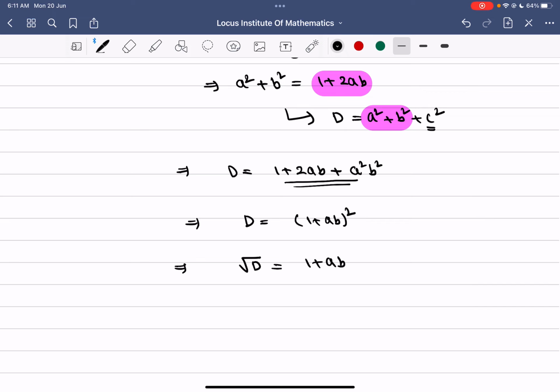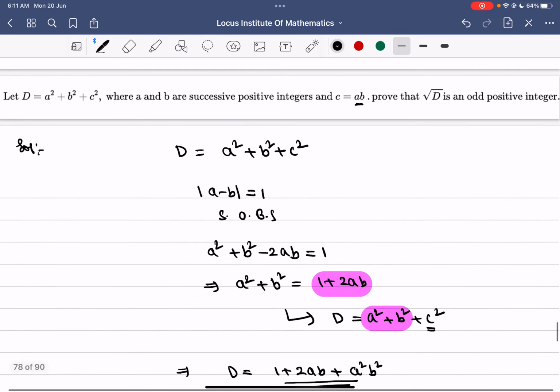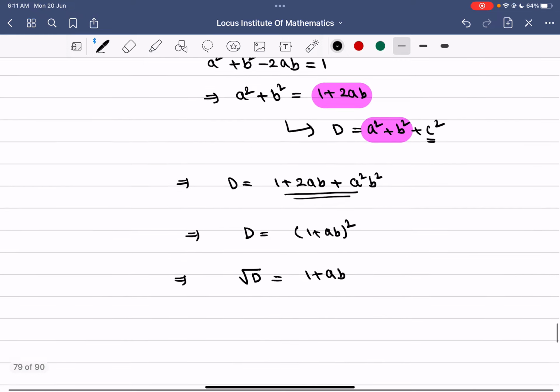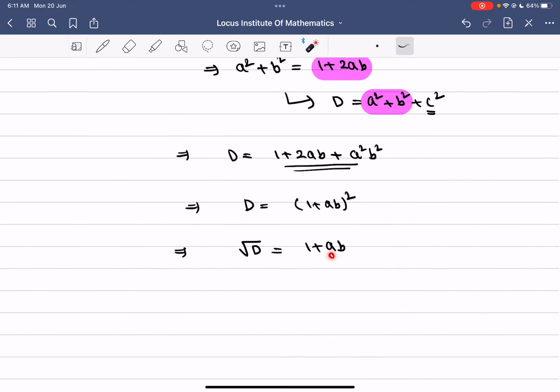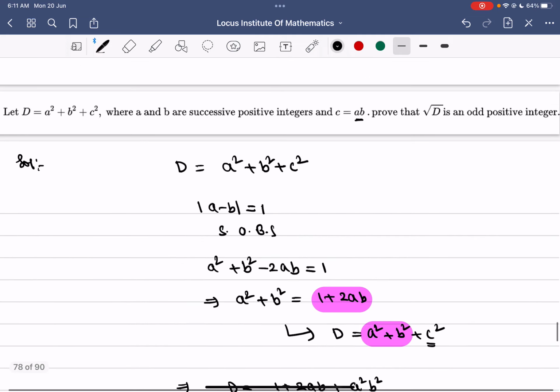So now A and B are successive positive integers. Therefore, if A and B are successive positive integers, then AB is an even number. So if AB is an even number, AB plus 1 is an odd number. Therefore, square root of D is an odd integer. Here it is given that A, B are successive integers.